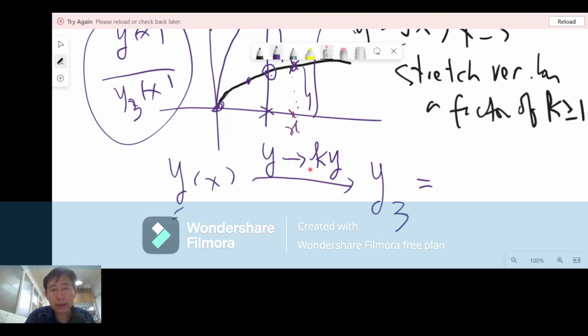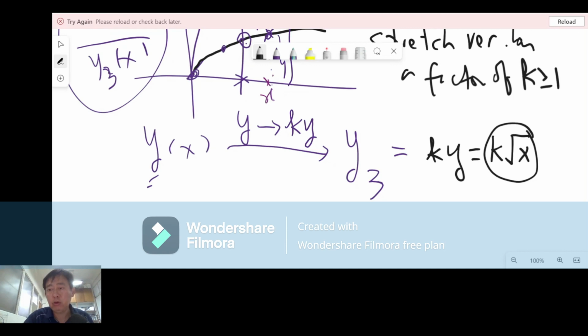So that would become k times y. Here k is just the factor of stretch, and here you have an x. So this function of k times square root of x amounts to a vertically stretched function of the function square root of x.